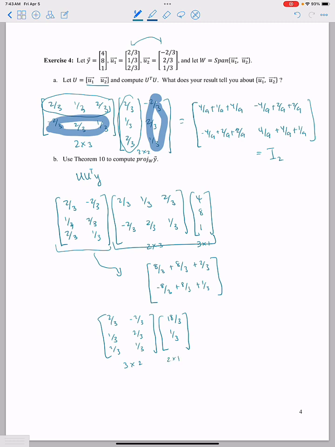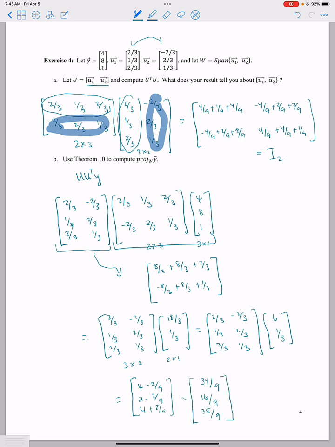My outcome will be a 3 by 1. Multiplying these out, I have 2/3 times 6, so that's 4, minus 2/9, and then I get 2 minus 2/9, and then I have 4 plus 2/9. So this is my orthogonal projection.